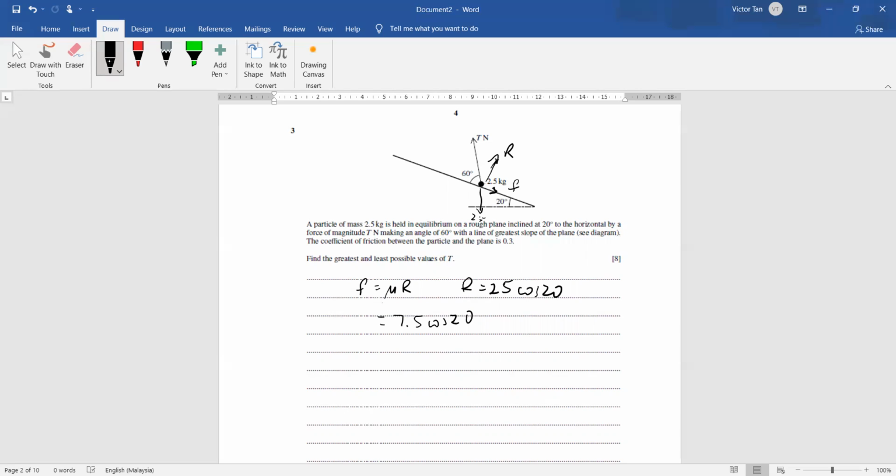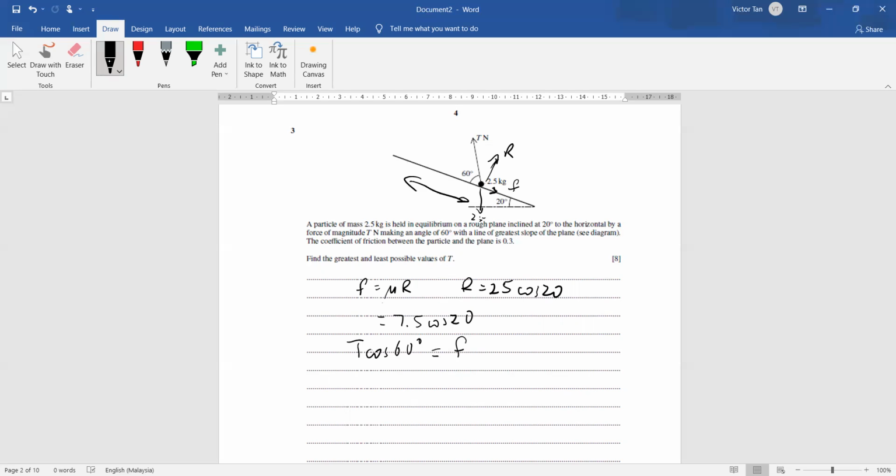So if it is in equilibrium, greatest or least is when it's limiting equilibrium, when the friction equals mu R. Okay, so T cos 60 degrees equals F. This is resolving along the plane.